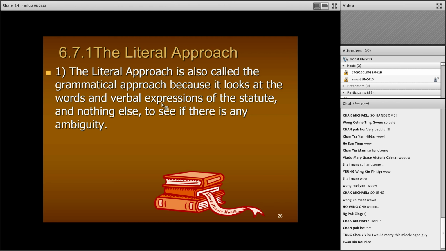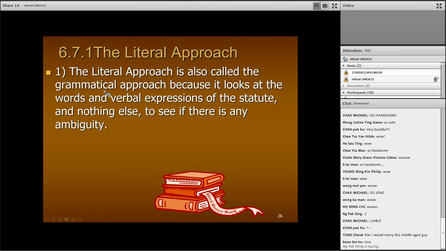When we say apple, the literal meaning of apple, of course, is the apple we eat. The apple and orange. This is the food we eat all the time. It's called the apple. But apple may have some other meaning. Apple of my eye is someone I like so much. So it's another meaning of apple. When we use the literal approach, usually it only means the apple we eat. But there may be some other meaning.